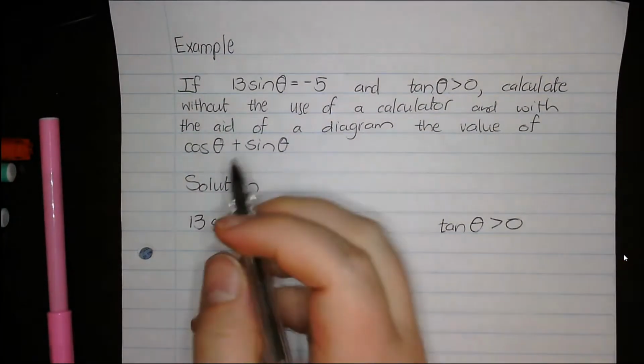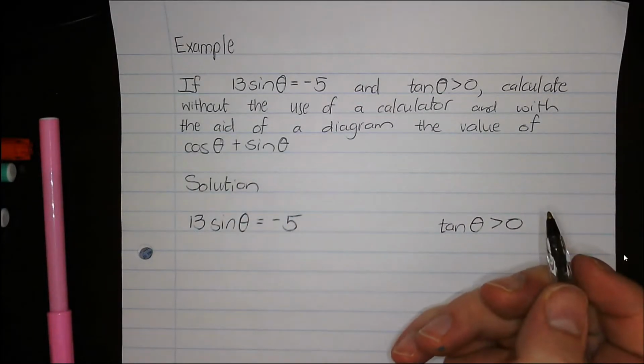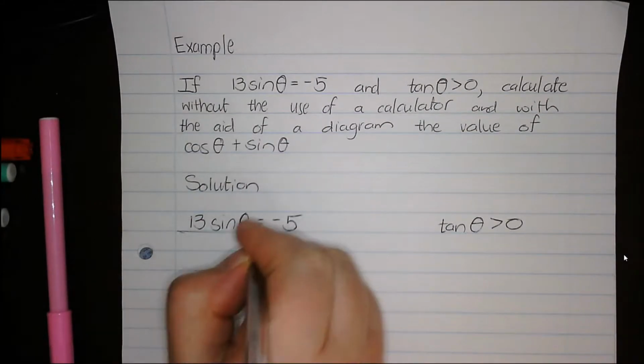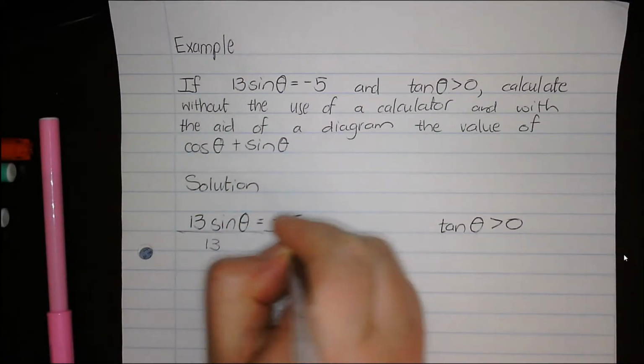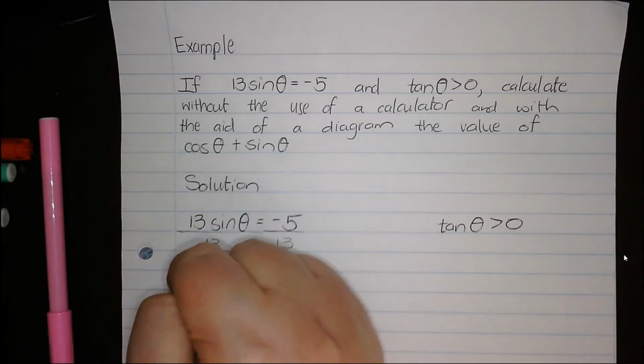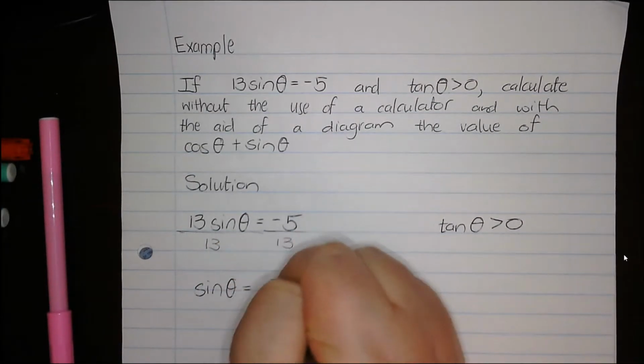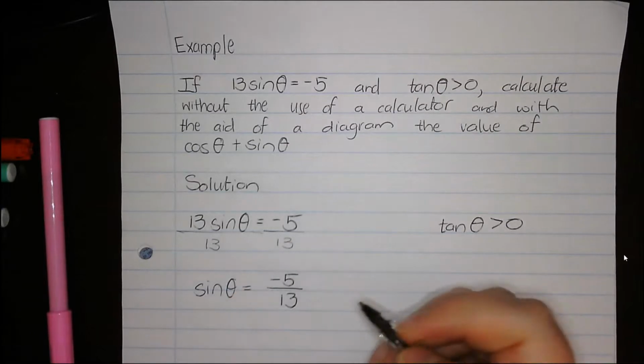Alright, we want to get sine of theta alone because we want to know whether it's positive or negative. So I'm going to divide by 13 on both sides, and that gives me sine of theta equal to negative 5 over 13.